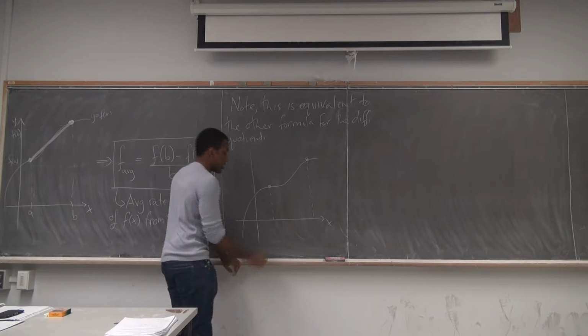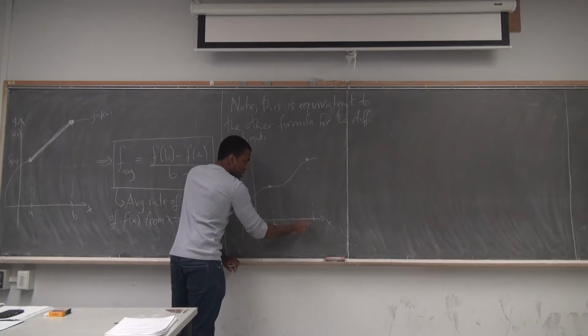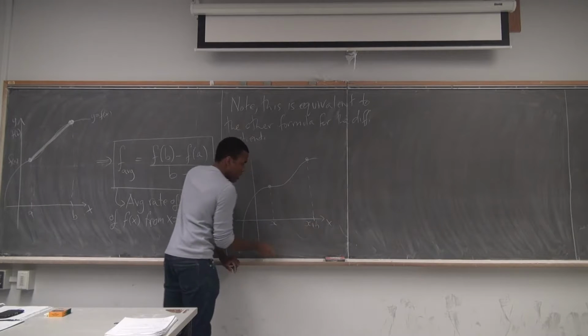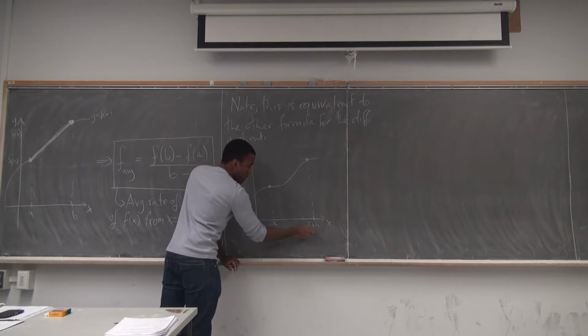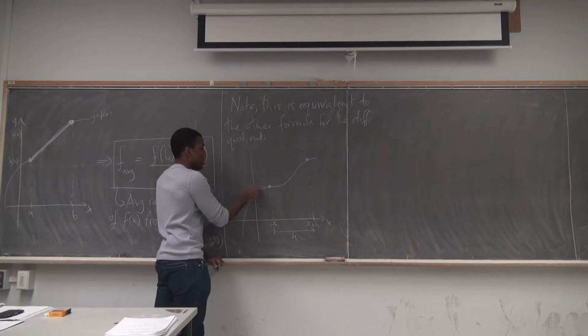So that's the x-axis. I can call this our initial x value, and I can call this the new x value x plus h, meaning from the original value I moved a distance h to get to the other value. So this one here will be f of x, and the corresponding y value here will be f of x plus h.